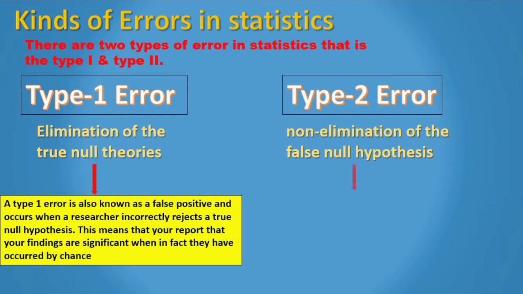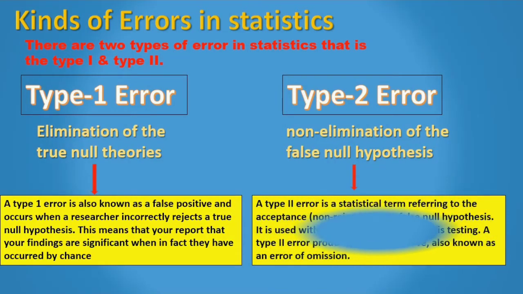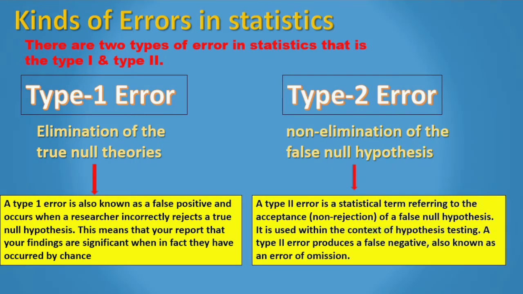Coming to the type 2 error, it is a statistical term referring to the acceptance or non-rejection of a false null hypothesis. It is used within the context of hypothesis testing. A type 2 error produces a false negative, also known as the error of omission.